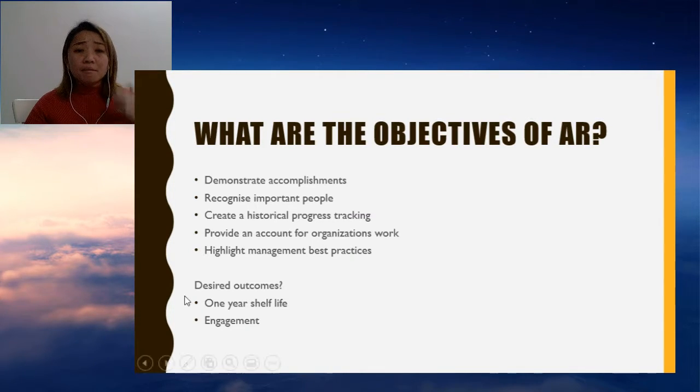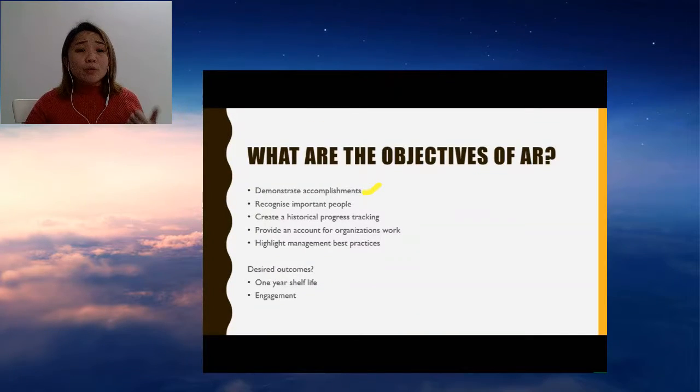The first thing, of course, is to demonstrate accomplishment, right? It's so important for you to be able to show people in the long run what exactly your company does and what they are capable of, right?